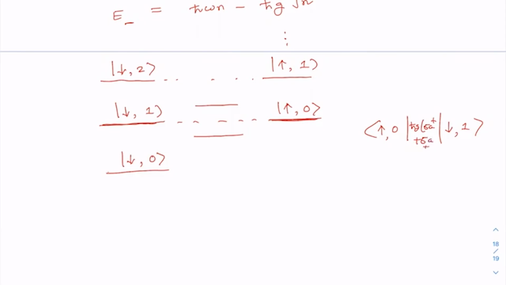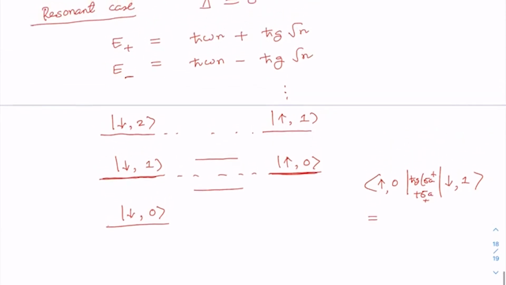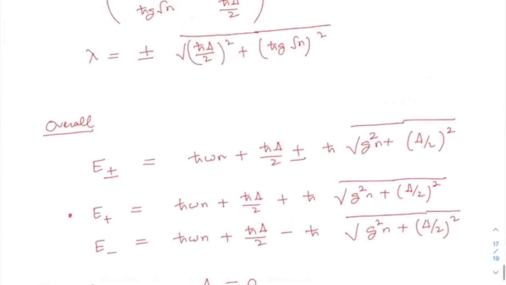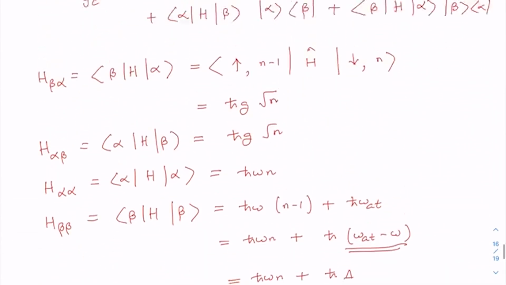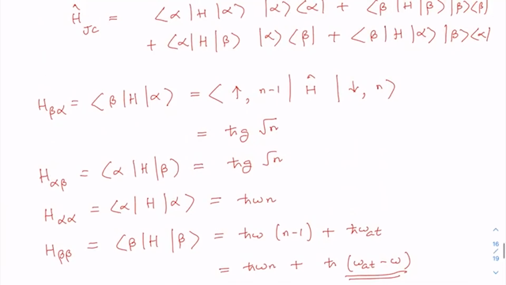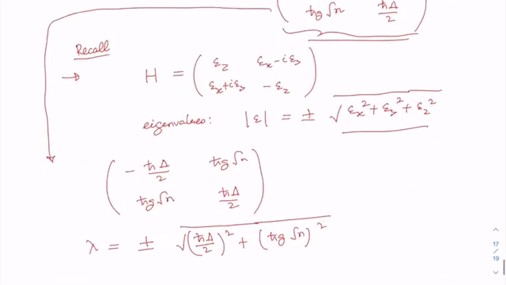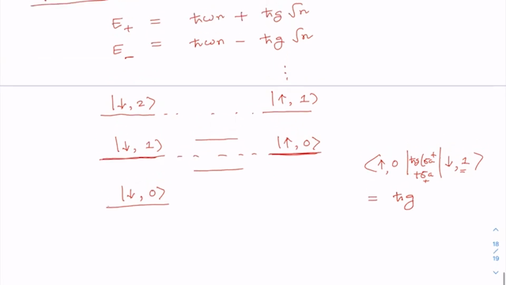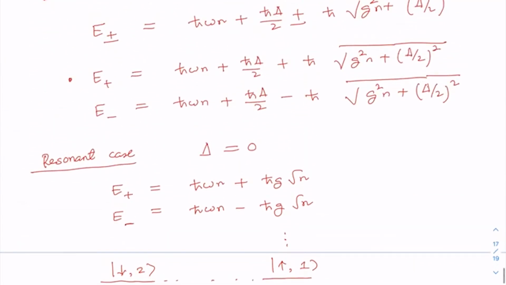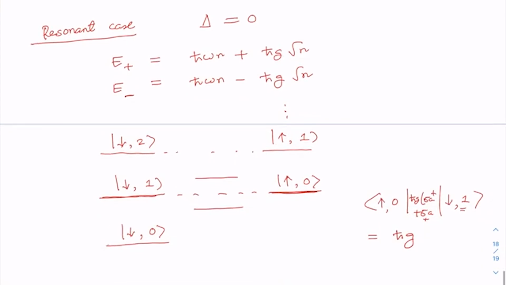If you look from here where we have worked out the matrix element, n is this one, so because n is equal to 1, this would be simply ħg.